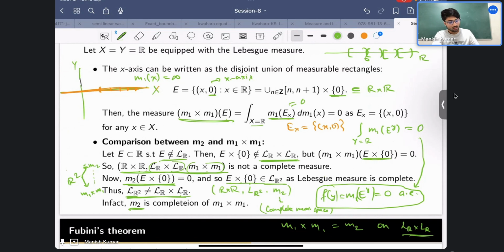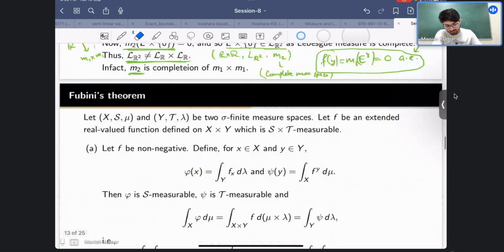So M2 is an extension of M1 cross M1, I mean it's the completion of M1 cross M1. Did you get this difference? Yes, sir.